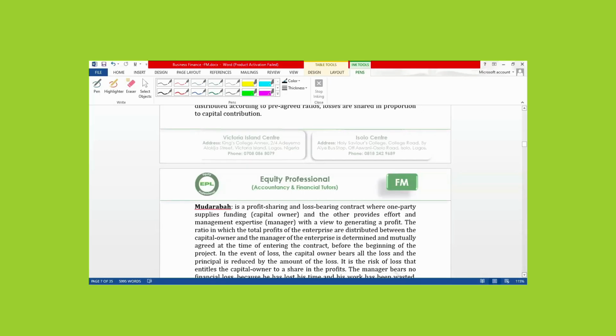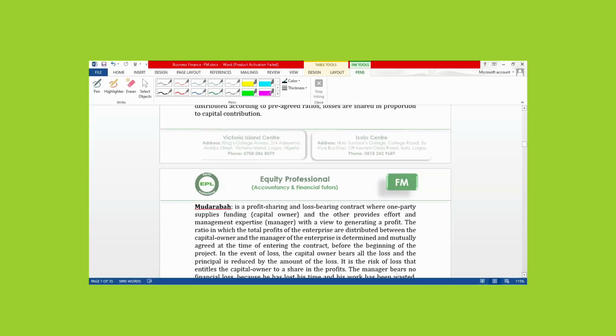Look at it. Mudaraba. The bank and the customer go into a Mudaraba contract. The bank provides all the finance for the project. The customer manages the project with a view to generating a profit. If profit is generated, this will be shared between the capital owner and the manager of the enterprise.